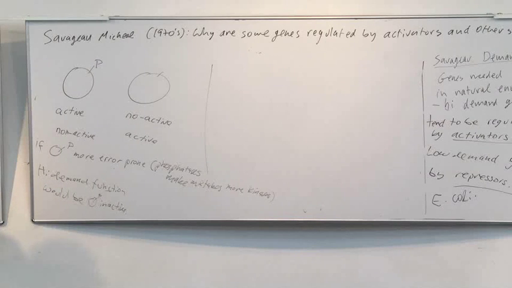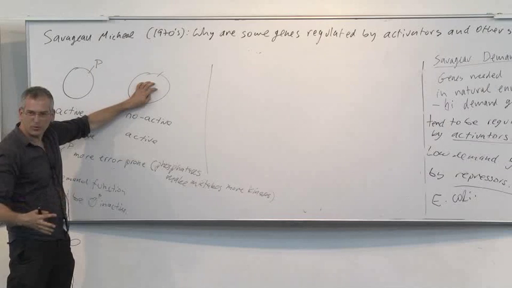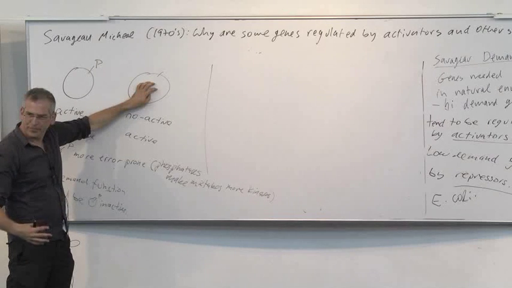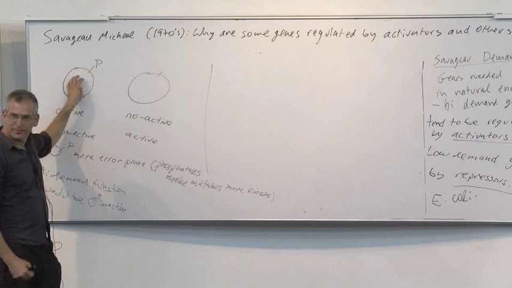Why? Because if it's a high demand function, you want it to be in the less error prone state most of the time. Therefore, you make this one active and this one inactive, for example.